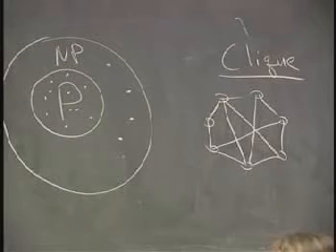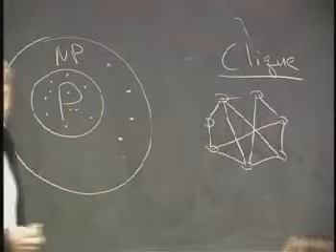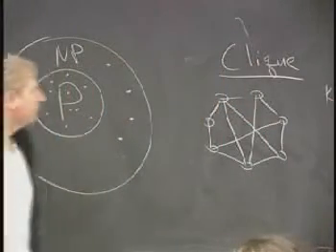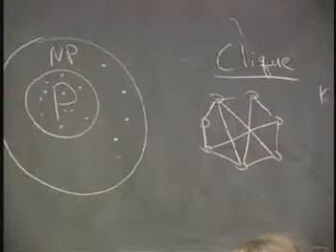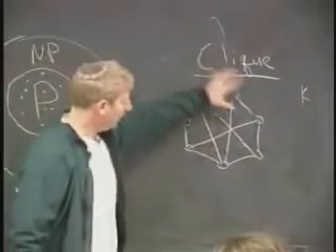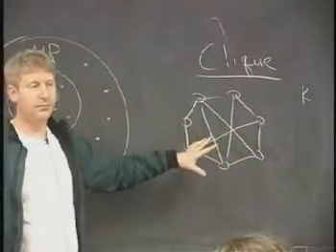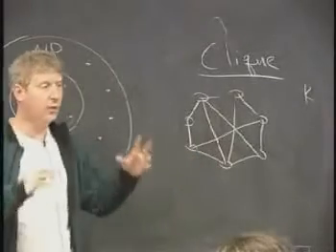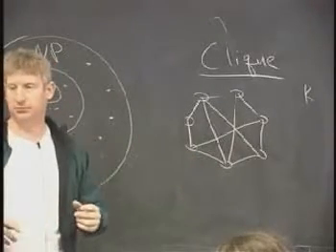You're also given a number, because this is a maximum problem. So you're given a number, say like k, an integer. And you're asked, in this graph, can you find k or more nodes, all of which connect one to the other?